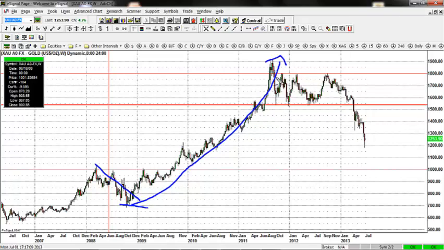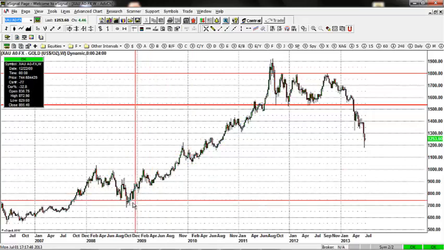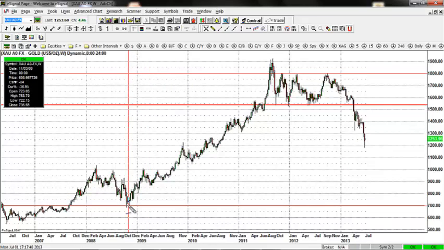Price more than doubled, almost tripled. So what is happening now is that the market is retracing this move up, with a downward retracement. Now the question is, where will this retracement end?